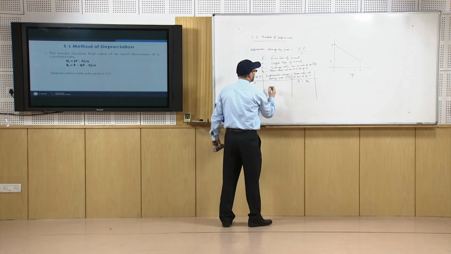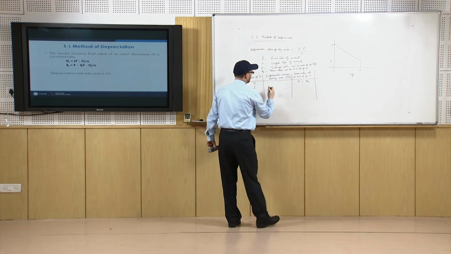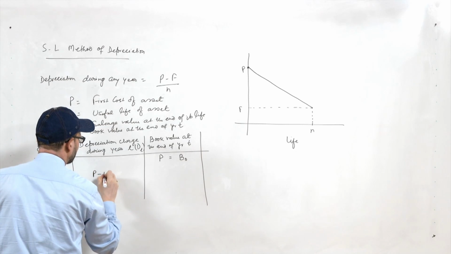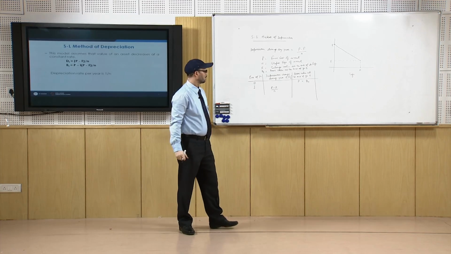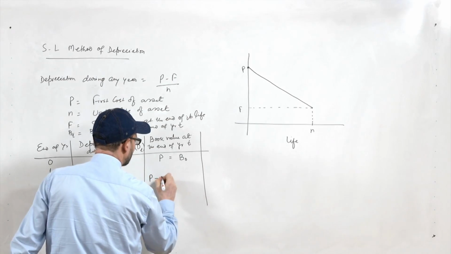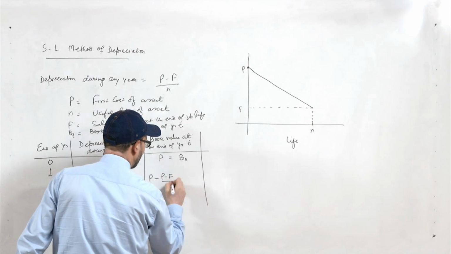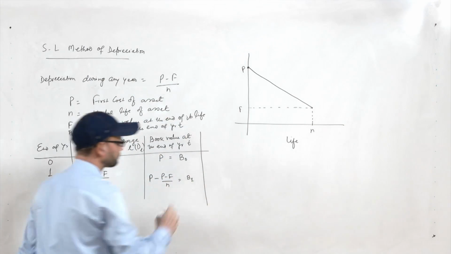During the first year, as we have discussed, this amount is constant. So your depreciation charge is P minus F by n, and the book value will be P minus (P minus F) by n, and this will be B 1.